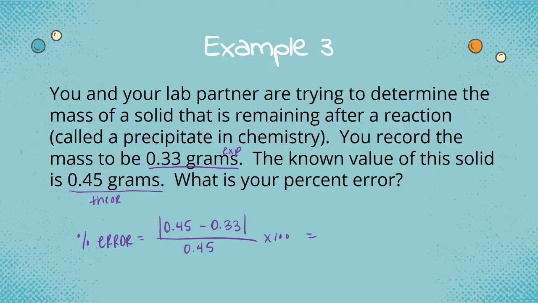And 0.45 minus 0.33 is 0.12. Already positive, so don't have to worry about the absolute value. Divided by 0.45 times 100, and oof, you and your lab partner got a 26.7% error here. Not as good. But if you got 26.7, you did your percent error equation correct. And that's the end of our notes today.